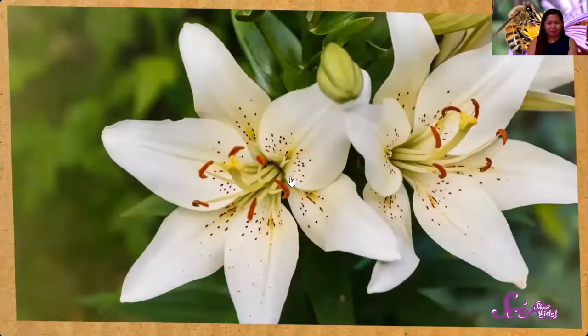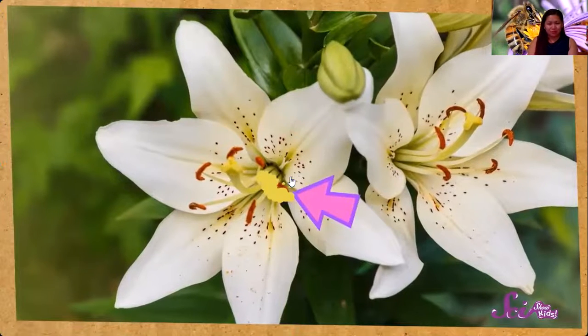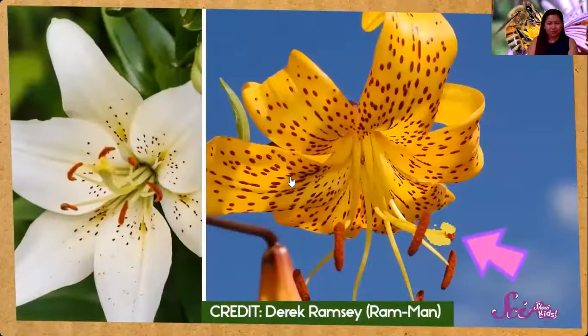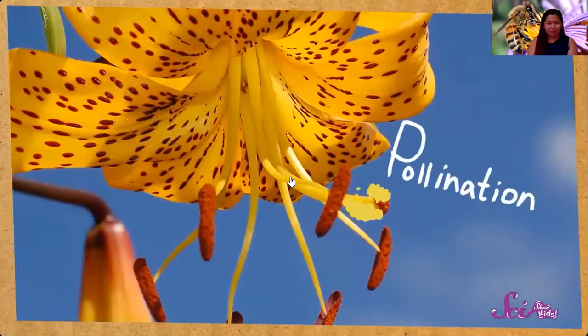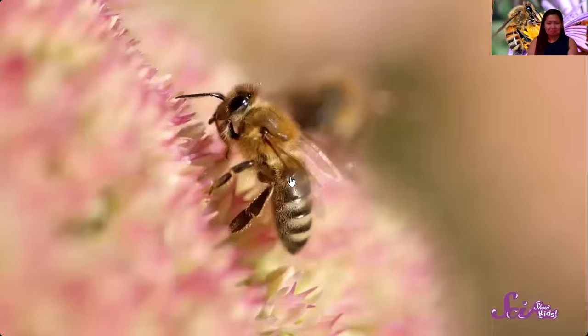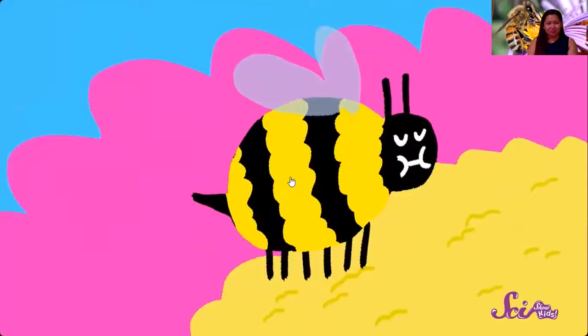So, to get fruit, it's important that pollen gets moved from the stamen of one flower to the pistil of another flower, and that some pollen gets stuck to the top of the flower's pistil. And this whole process is called pollination. And this is where bees come in. You might remember that bees get their food by drinking nectar from a flower.